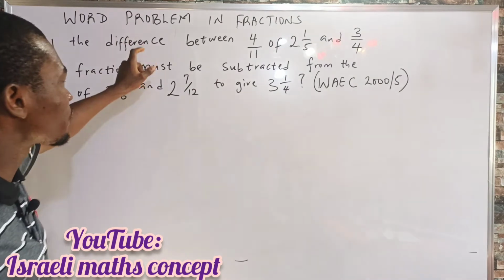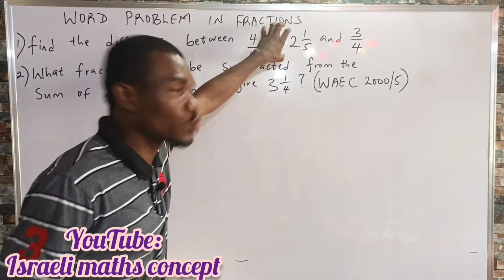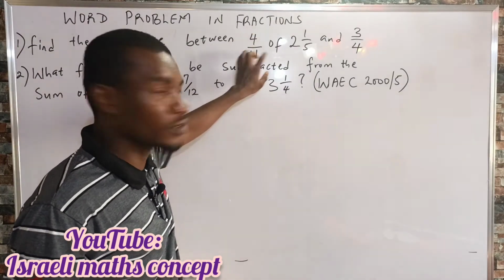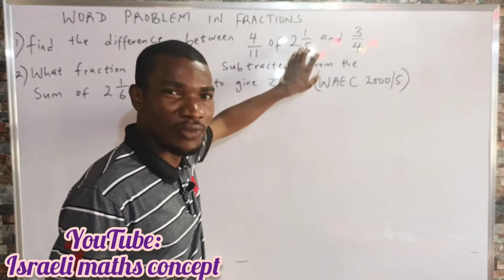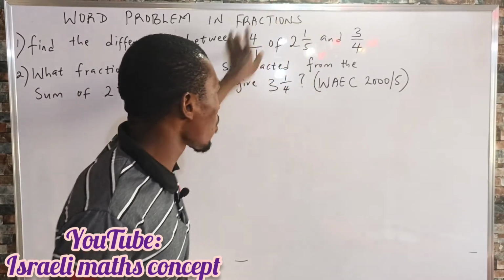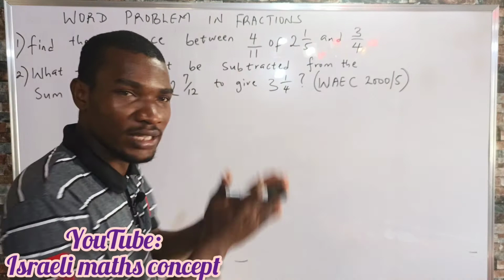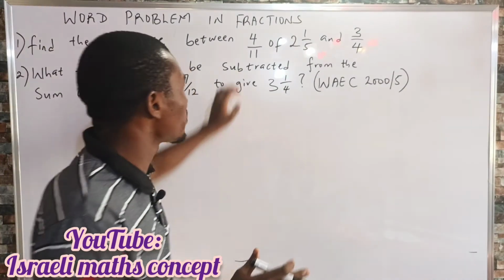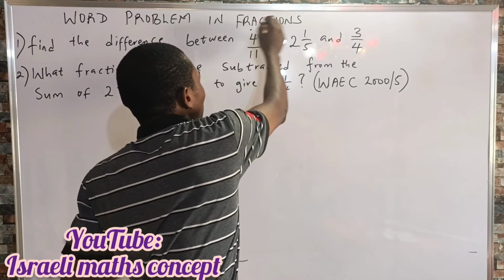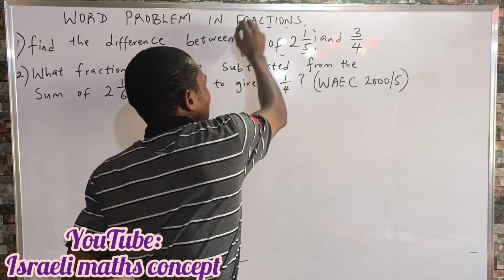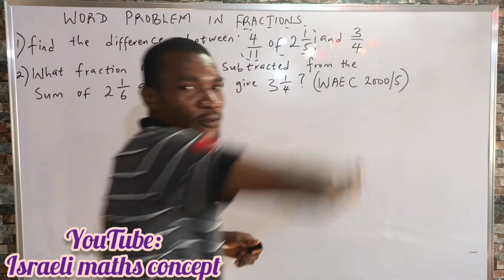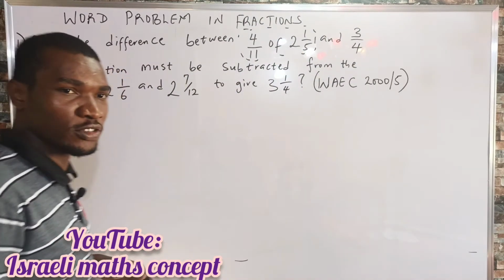So we are asked to find the difference between this number, 4/11 of 2 whole number 1/5. They are still one term grouped together. So we are finding the difference between this term in total and this other fraction. That is what we are about to do.